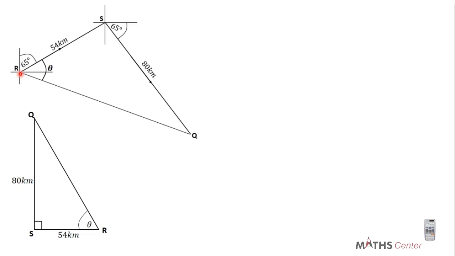You can see that theta is the angle formed on port R. So here the angle on port R is also theta. I want to find the value of theta. Considering theta, 80 kilometers is opposite, 54 kilometers is adjacent.